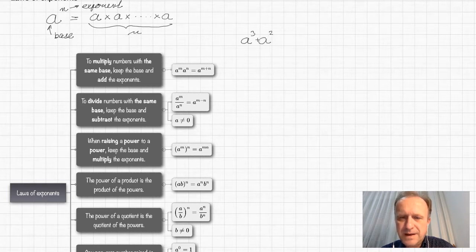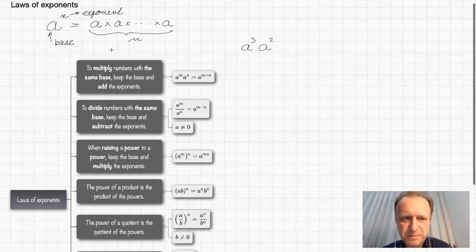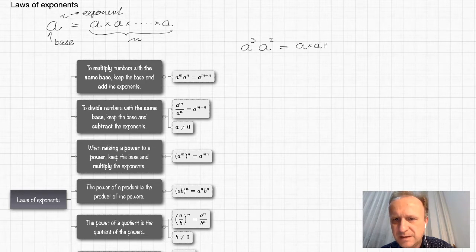Now let me translate these using the definition of the power, what the power means. As a to the power of 3 is a times a times a, this should be multiplied by a to the power of 2, which according to the definition is a times a.